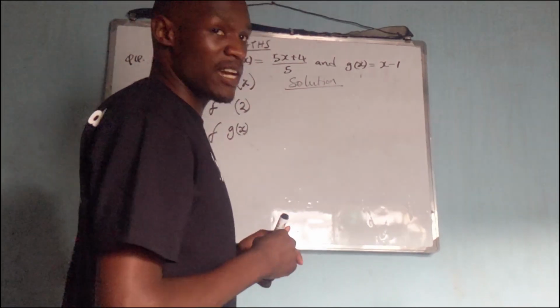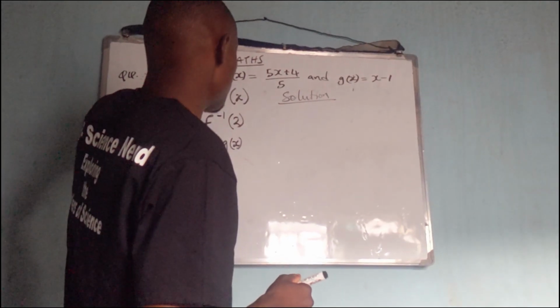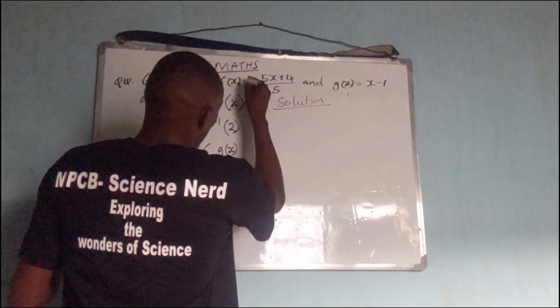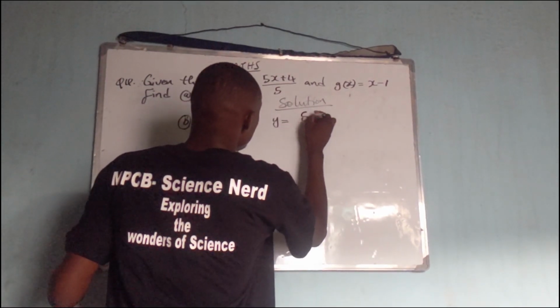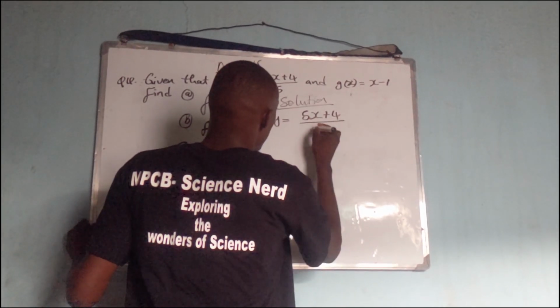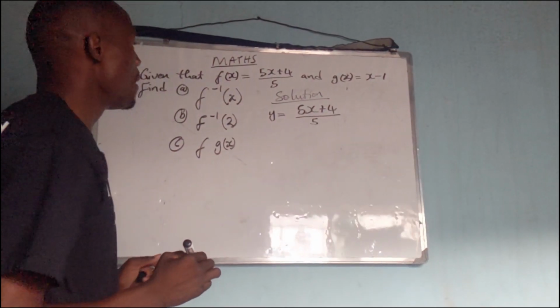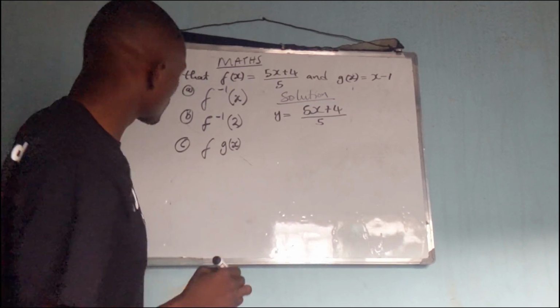Now the first step is we let f of x be equal to y. Therefore we have y, which is equal to 5x plus 4 divided by 5. Second step, make x the subject of the formula.